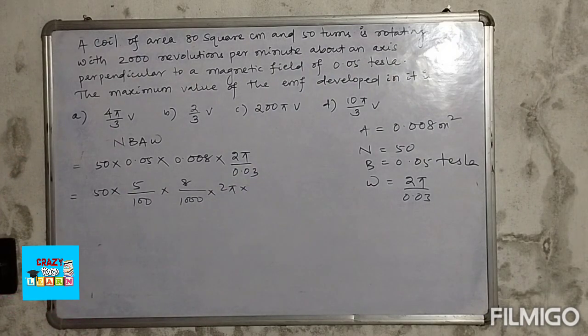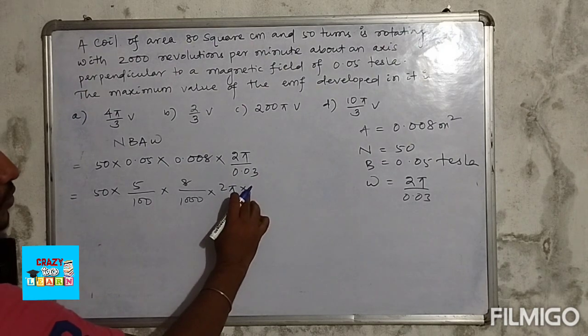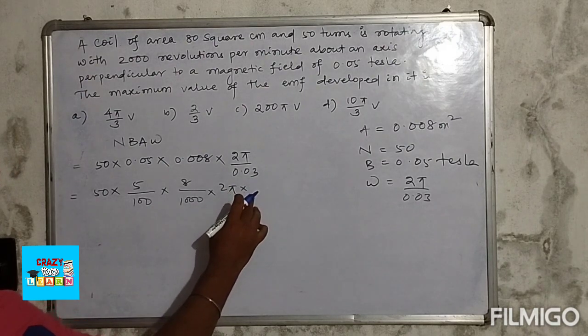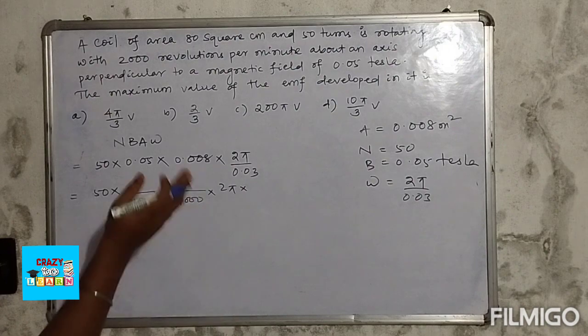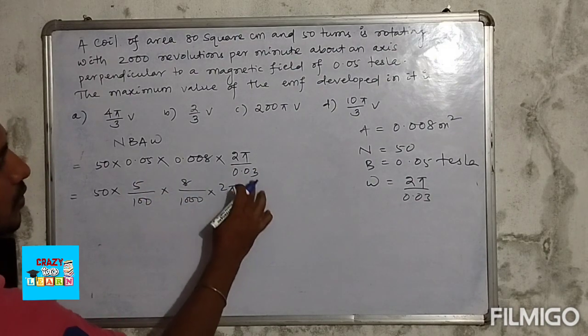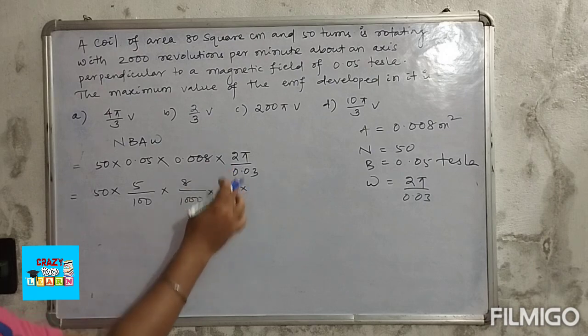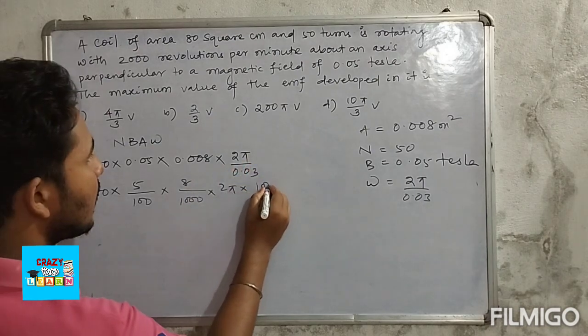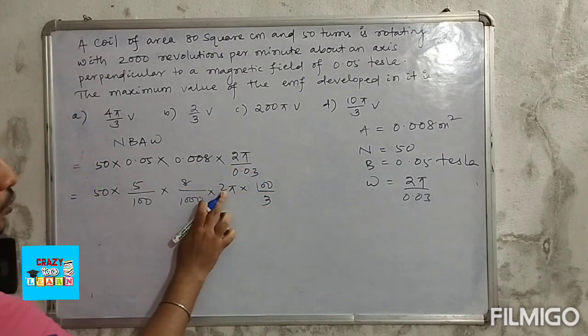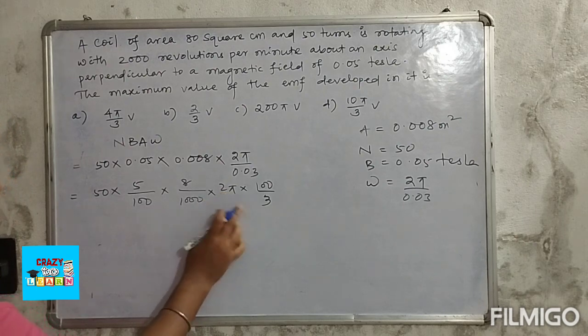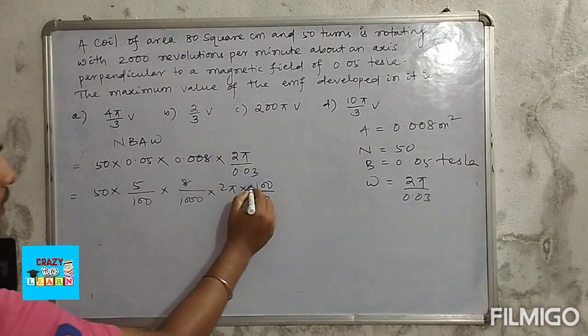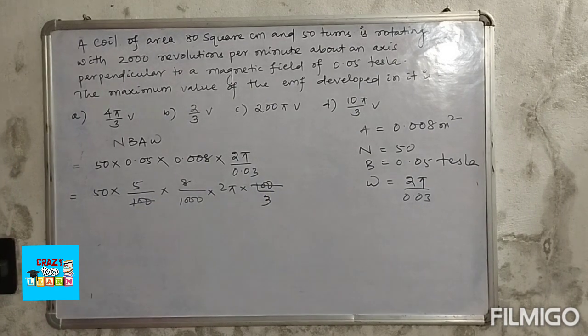If you write 0.03 as a fraction, it is 3 by 100. When you convert division to multiplication, we have to take the reciprocal. So 3 by 100 becomes 100 by 3. 2 pi divided by 3 by 100 is equal to 2 pi into 100 by 3. Clear? So 100 and 100 cancel.